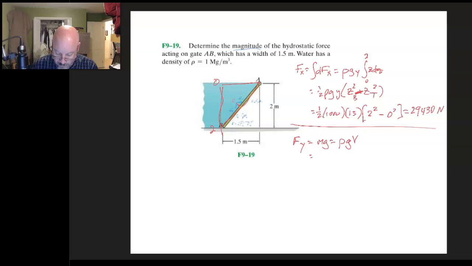So let's do that. I got 1,000 and I've got 9.81, and again, I'm being lazy with my units here. My volume is a triangle, so I have one half base times height, and then in my y direction, it's 1.5.